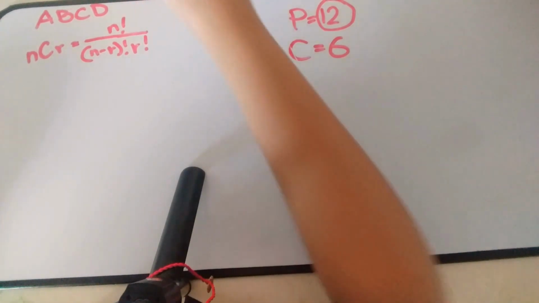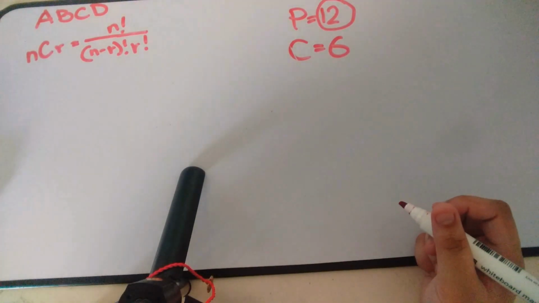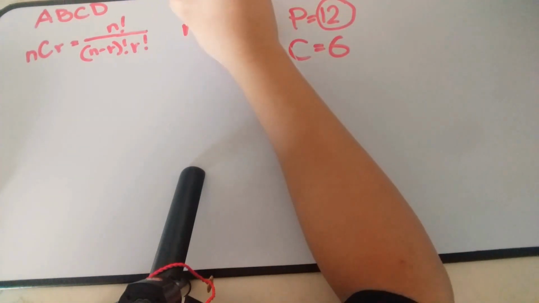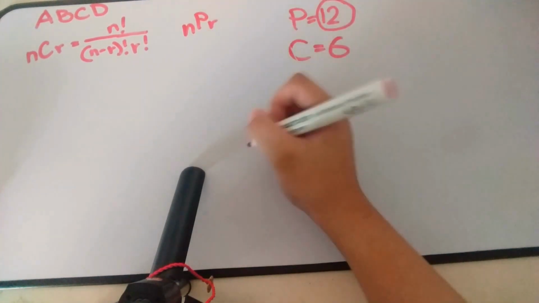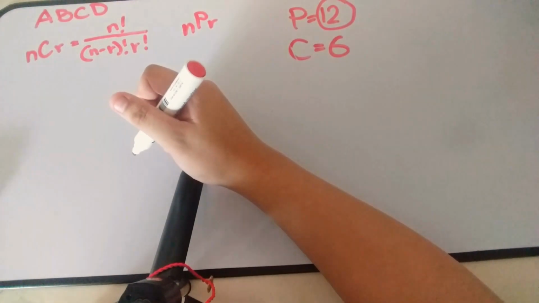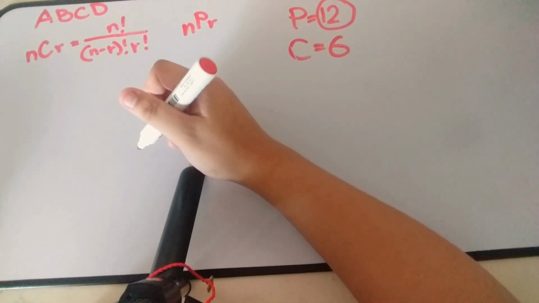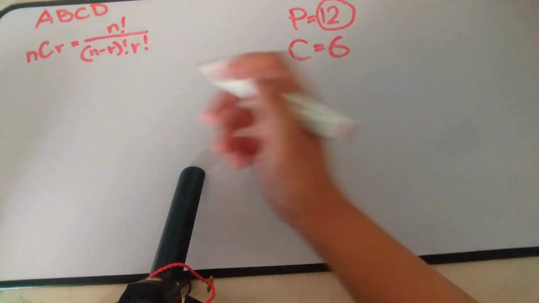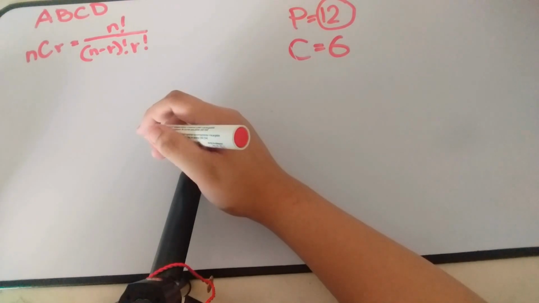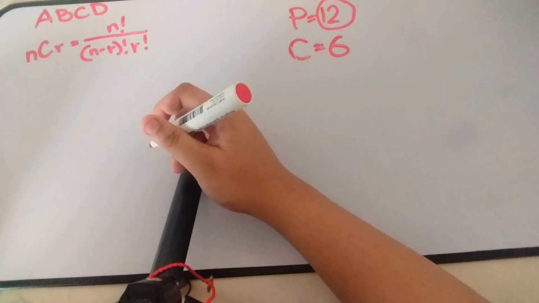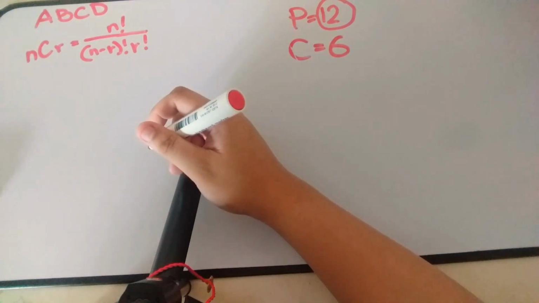So basically, in terms of a permutation, a combination is equal to nPr divided by r factorial. This portion right here is nPr, and then divided by r factorial. So we have 4C2 in this example.